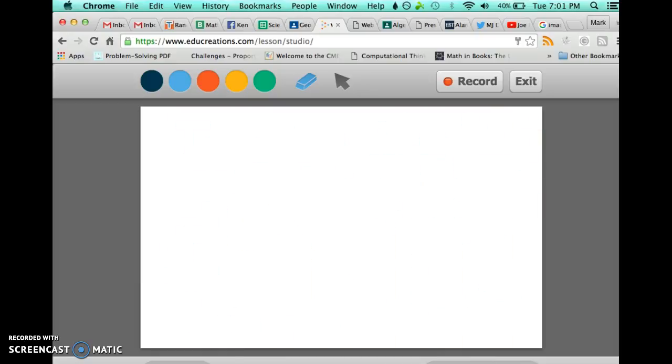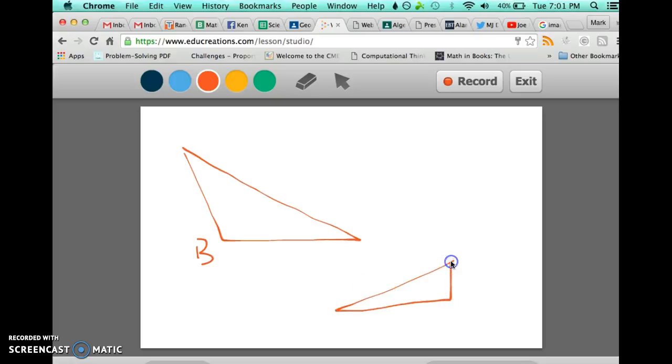What we're trying to say is that if I've got a big angle, then the side not touching the big angle B in this case, is going to be the longest side. And if I've got a teeny angle, the side not touching the teeny angle is going to be the smallest side.